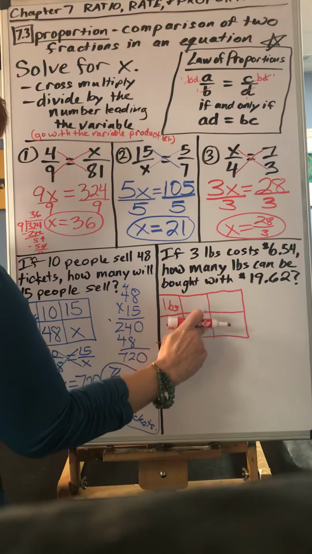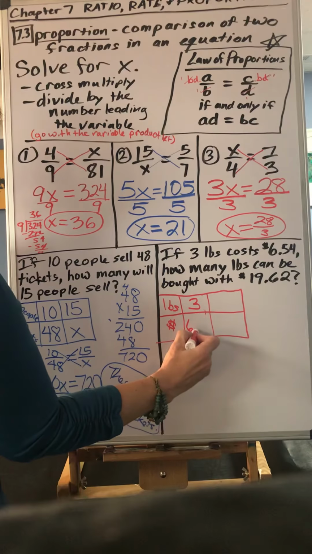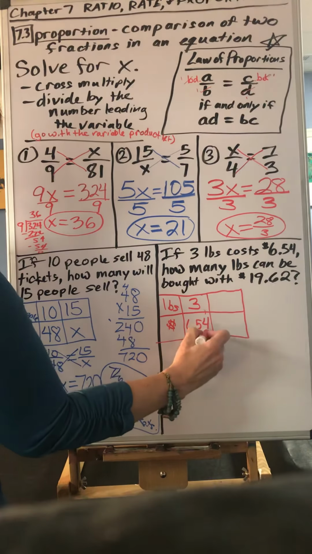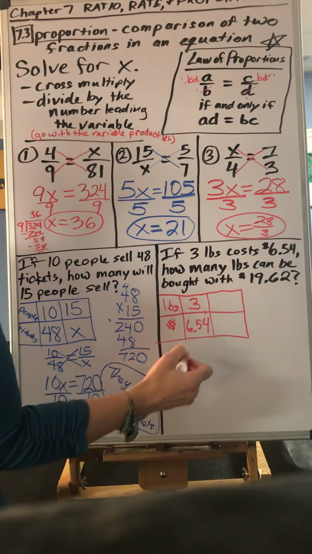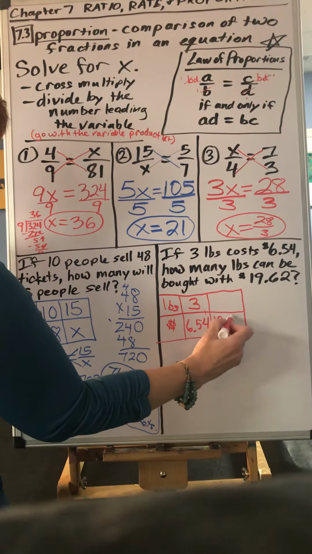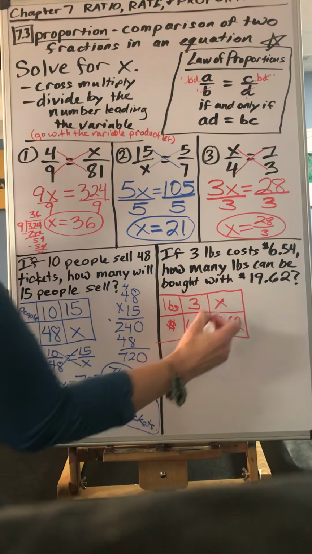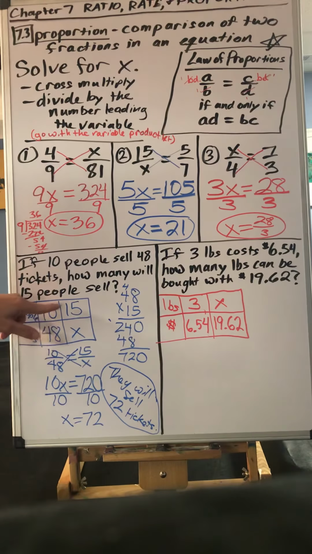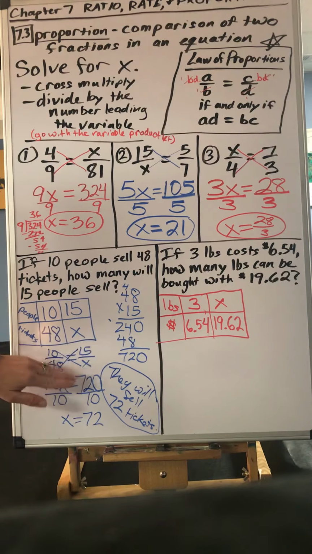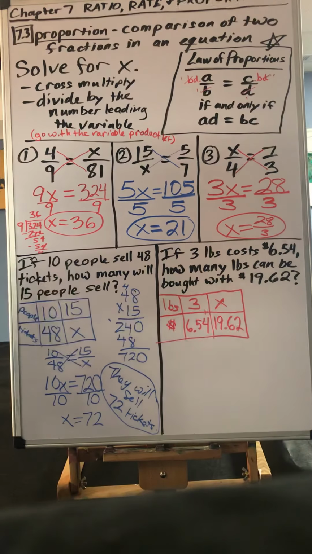So we have 3 pounds costs $6.54. How many pounds can be bought for $19.62? So the unknown values here. Notice in our first problem, the unknown value ended up in the denominator of the fraction in this proportion. In this one, the variable is going to end up in the numerator of that fraction in our proportion.